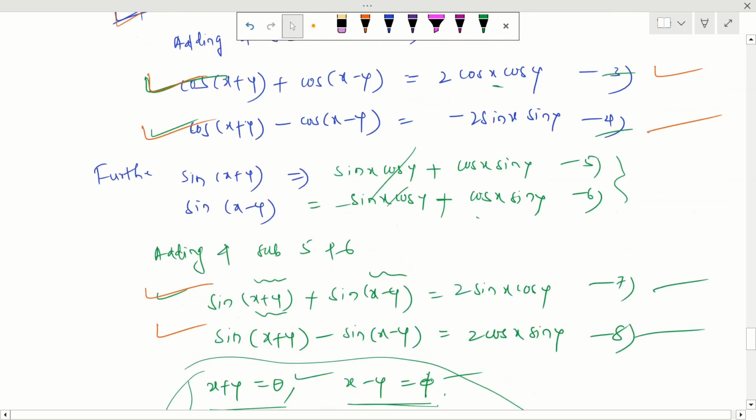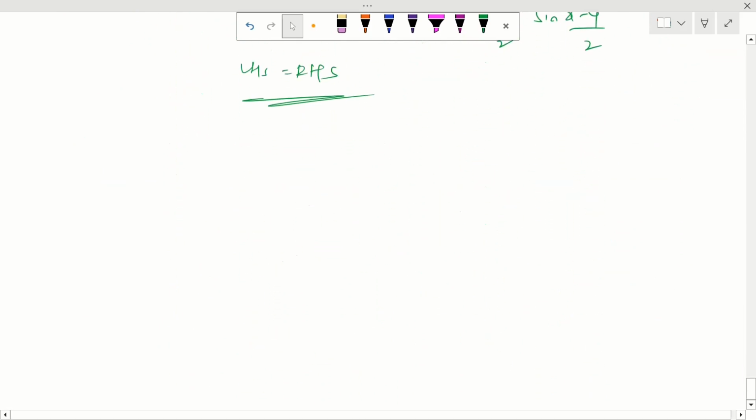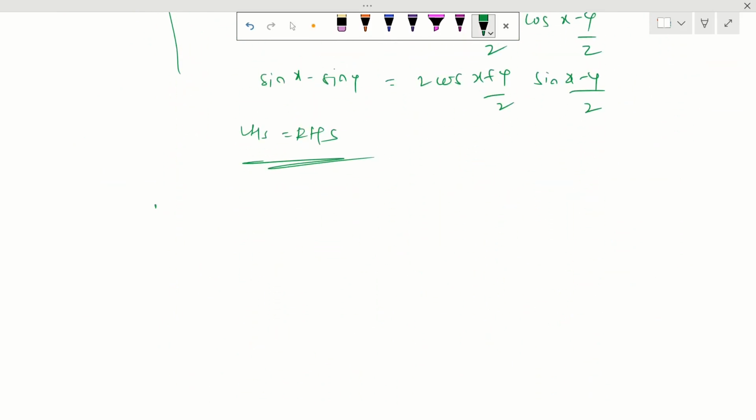So in equations 3, 4, 7, 8, I am writing them here again. These are also formulas.